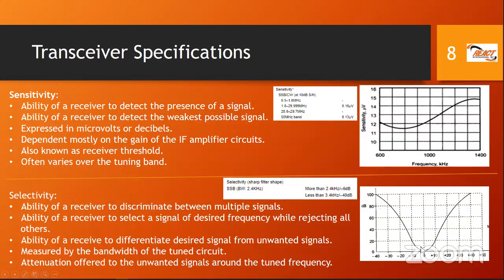The desired frequency is this frequency here, and we have no attenuation or no reduction in the signal. But below the desired frequency and above the desired frequency, we have high attenuation. So it discards or ignores those other frequencies, and it pays attention only to the center frequency. So that is selectivity.